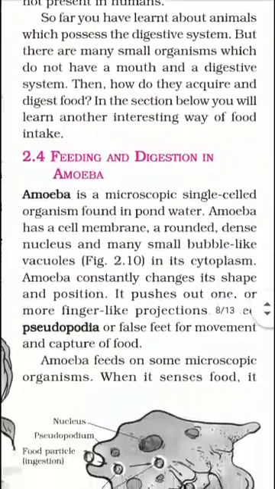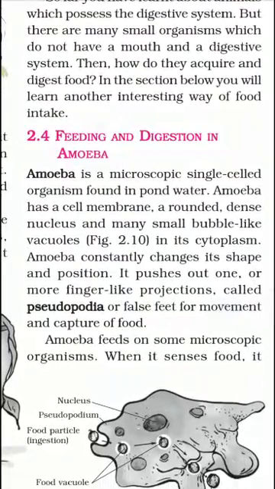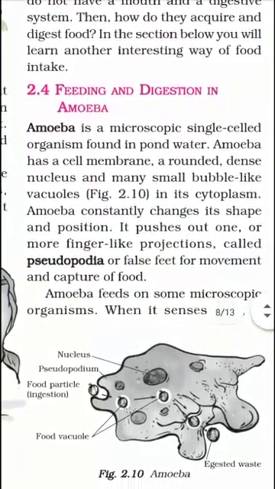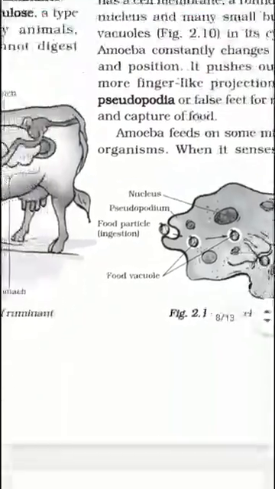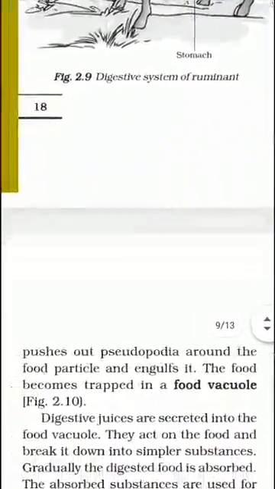As the food reaches the cell membrane of the amoeba, the pseudopodia push it in and engulf it. The food becomes trapped in the food vacuole.